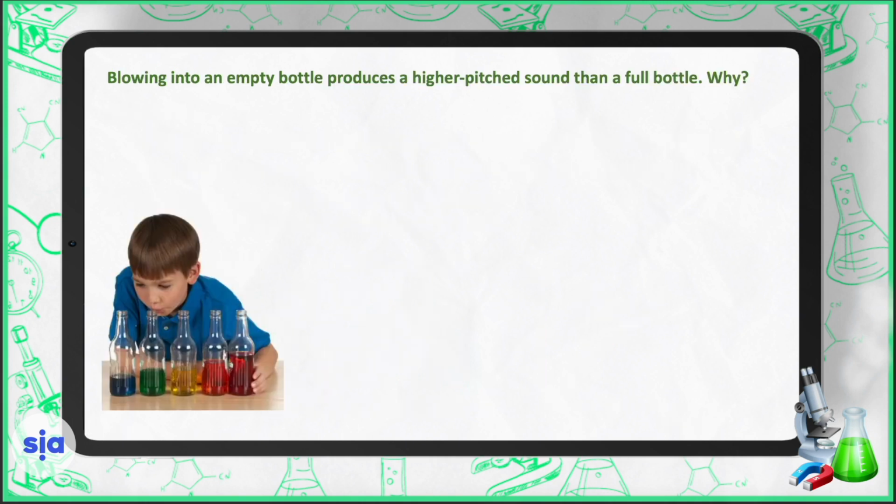Now, blowing into an empty bottle produces a higher pitched sound than a full bottle. Why? In this picture, you can find different fluid levels in the bottle. The question is asking why, when you blow into an empty bottle, this produces a higher pitched sound than a full bottle.